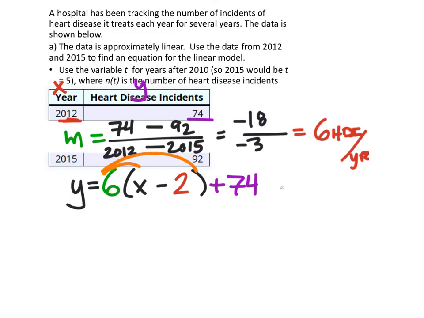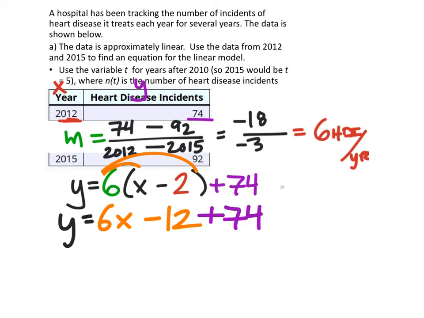That gives us 6x, and then 6 times negative 2 is negative 12. Still got that plus 74 there. So this is what y equals, and we just simplify it from there. The slope is 6. Multiply that by x, and we'll combine negative 12 and positive 74 to get positive 62.